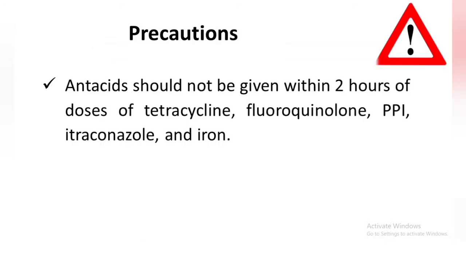Some precautions should be taken while using antacid, that is, antacid should not be given within 2 hours of dose of tetracycline, fluoroquinolones, proton pump inhibitors, itraconazole and iron, because antacid will interfere in the absorption of these drugs.